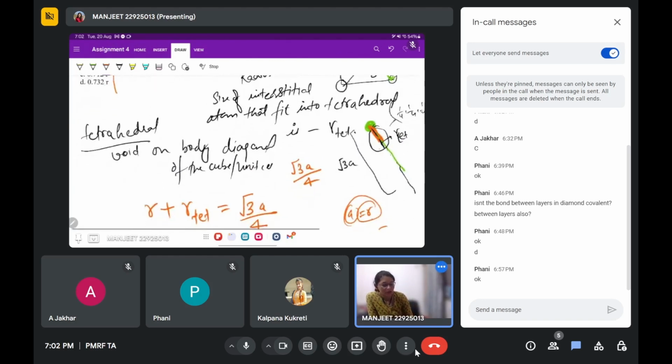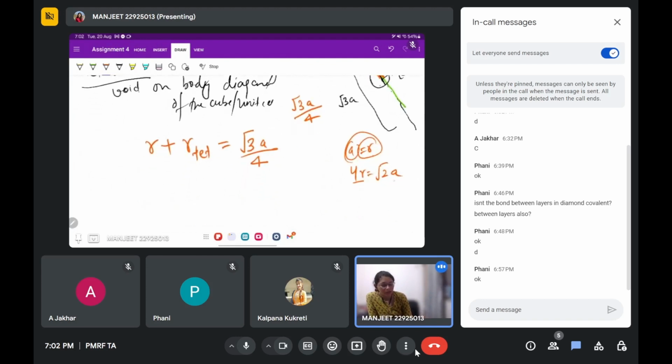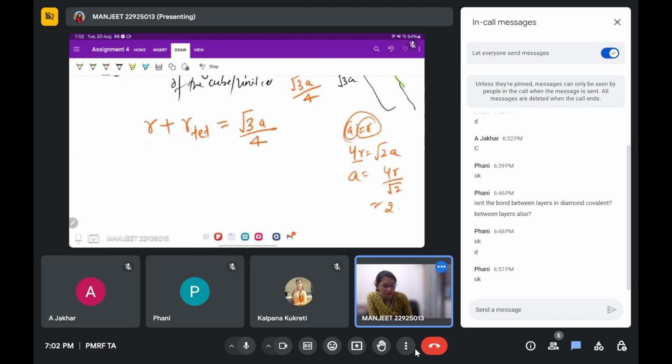So in terms of R, a will be 4R by root 2, or 2 root 2 into R. This is, a equals 2 root 2 R. Now substitute in this one.